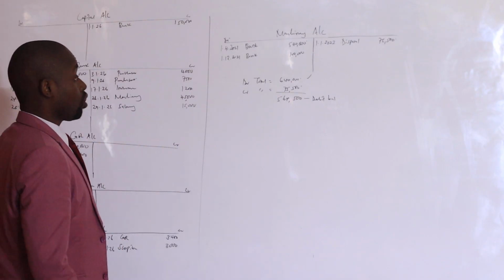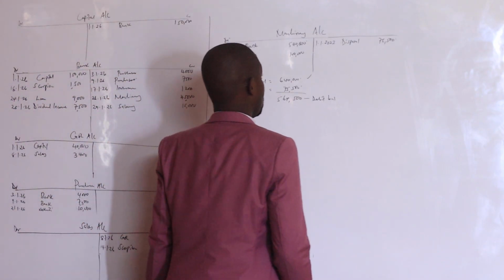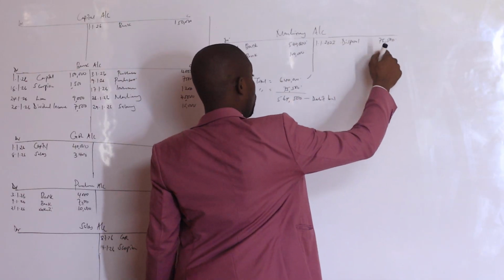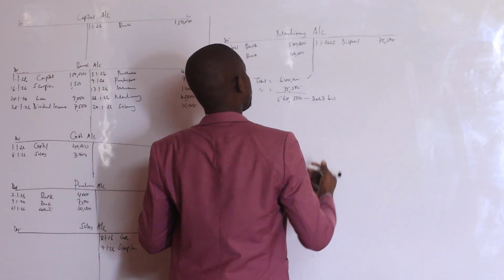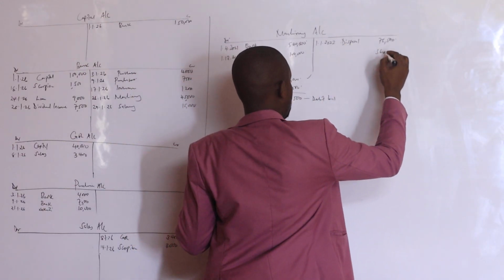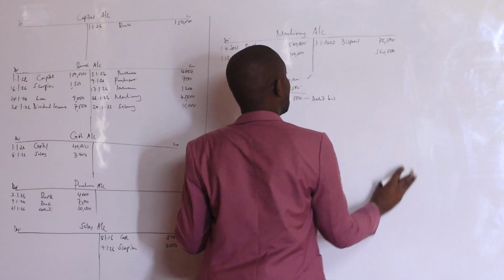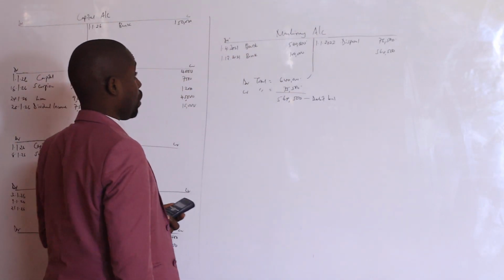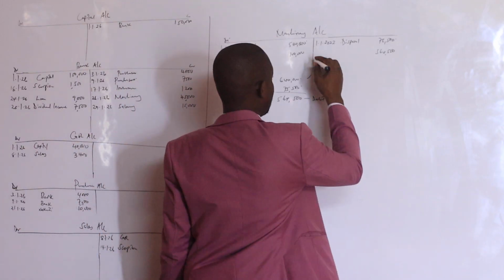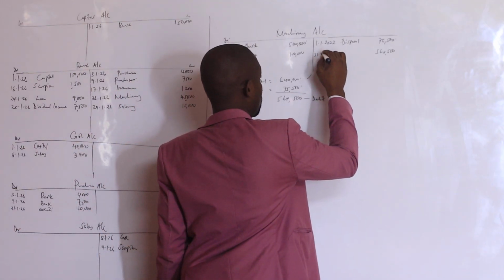This one is supposed to be recorded on the lesser side. Look at this, it's small. We want them balanced or equal. We record it here, this side, dated the last day of the financial year. If our financial year began on 1st April, it will end on 31st March 2022.